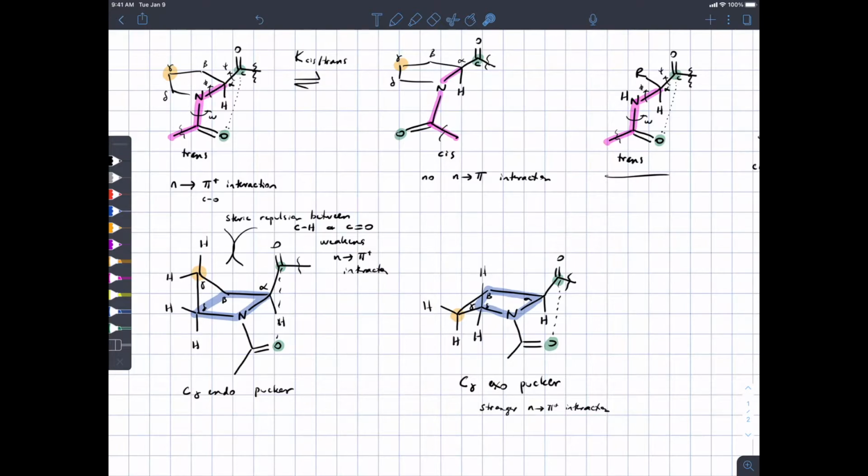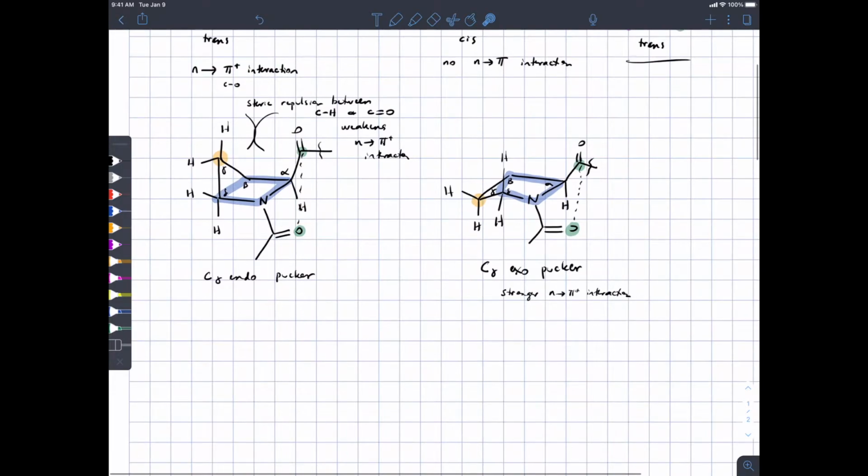You say that again. The gamma carbon, its position either up or down, influences the strength of the n to pi star interaction, and that influences the equilibrium between cis and trans amides. And it's this trans configuration that you want in, say, the protein collagen.